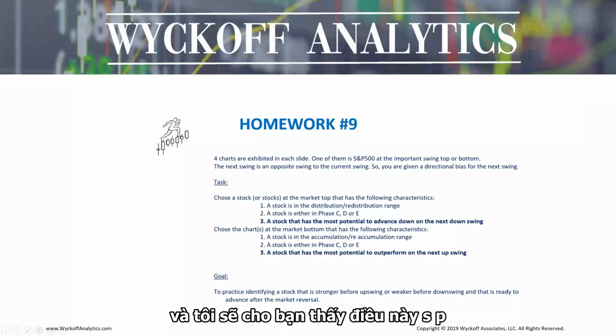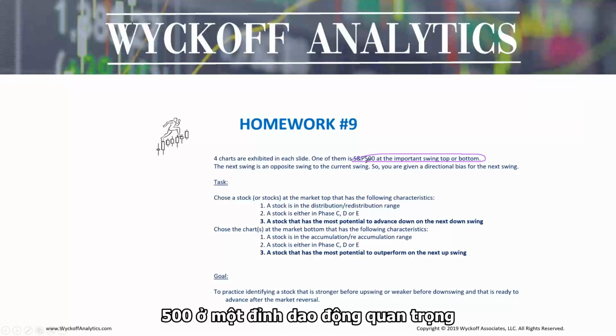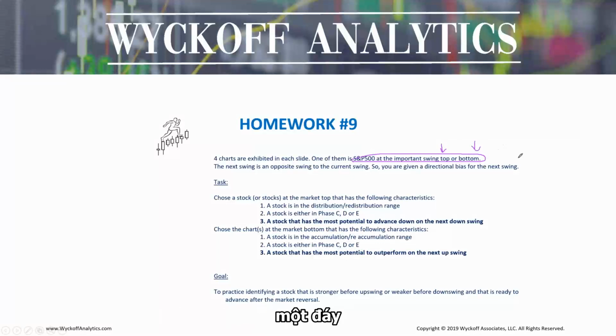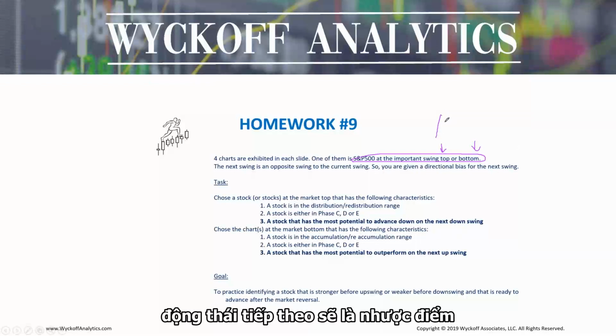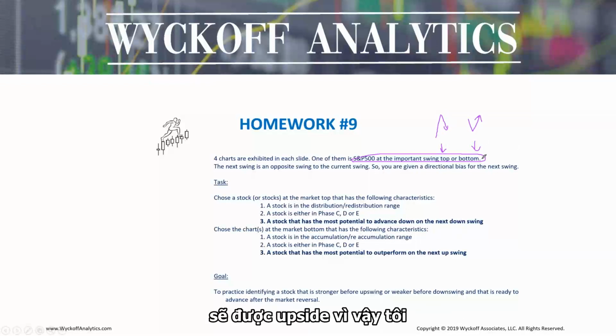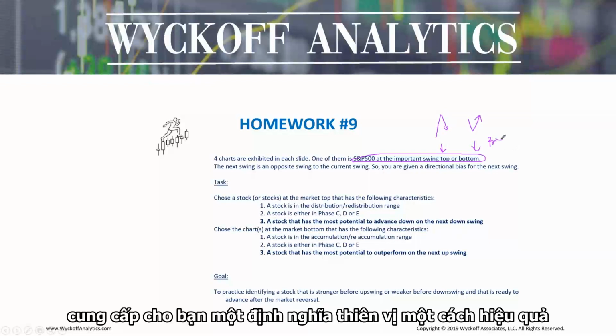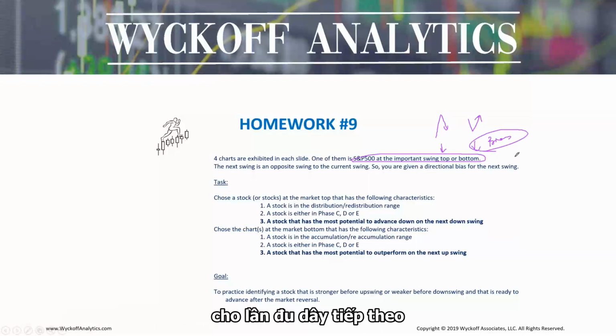And I'm going to show you this S&P 500 at an important swing top or bottom. Meaning that if this is the top, then the next move is going to be to the downside. If this is the bottom, then the next move is going to be to the upside. So I'm effectively giving you a bias definition for the next swing.